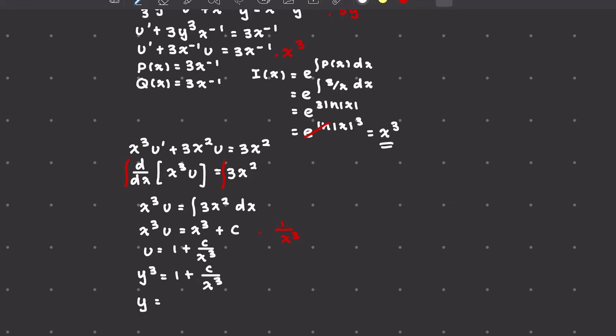So y is equal to 1 plus c x to the negative third, to the power of 1 over 3, or the cube root of 1 plus c x to the negative third. And so this will be our final solution to this Bernoulli equation.